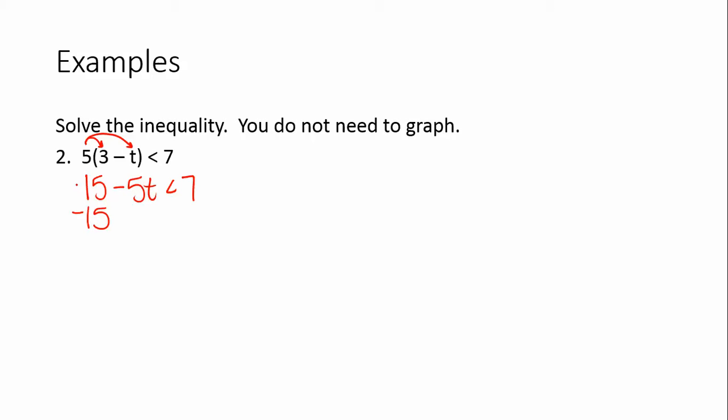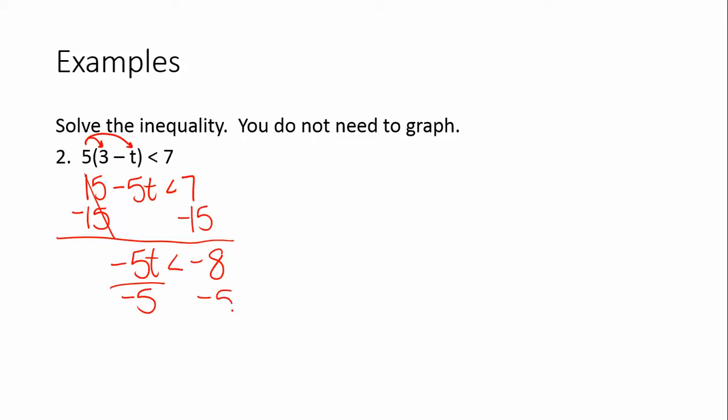This 15 is positive. So because it's positive, we need to subtract 15 from both sides. We bring down a negative 5t, don't forget that. And then 7 minus 15 is negative 8. Now we're going to divide by negative 5.